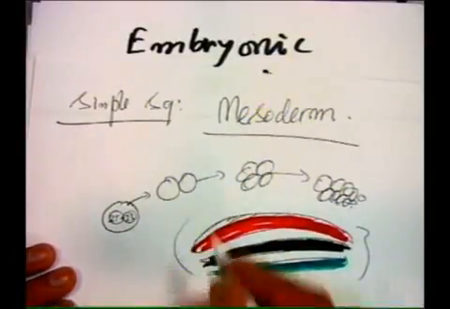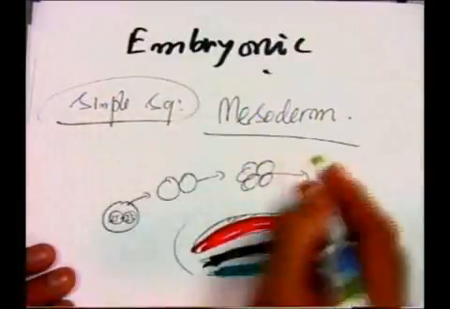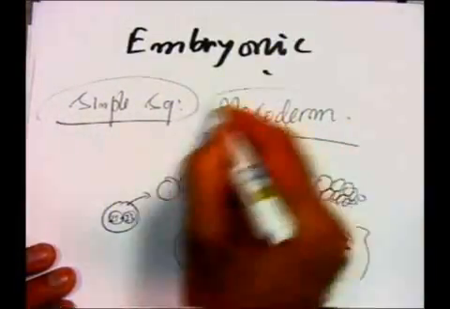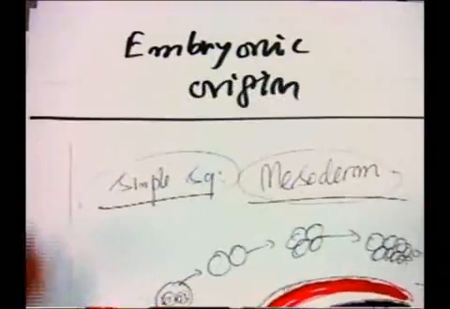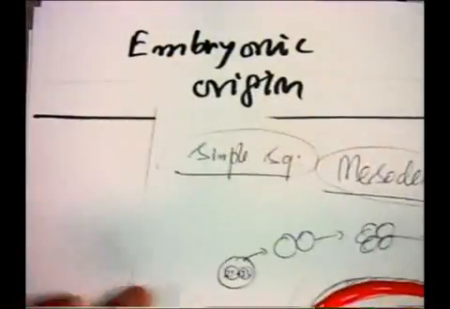These cells, simple squamous epithelium, come from the mesodermal origin of the embryonic development. So that's another thing. Which is the middle one, right? Yes, that's right, the middle one. Correct.